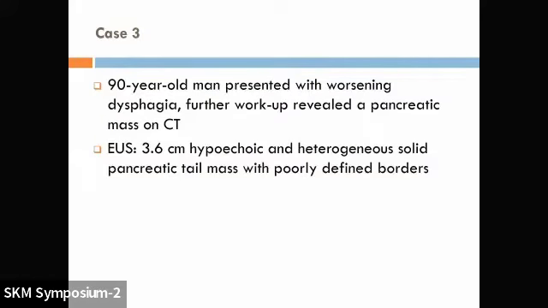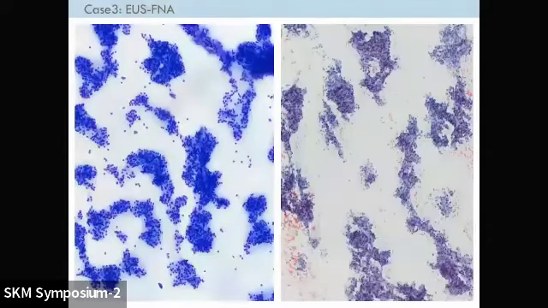So our next case is a 90-year-old man who presented with worsening dysphagia. On further workup, a pancreatic mass was revealed. On EUS, a 3.6 centimeter heterogeneous solid pancreatic tail mass was identified with poorly defined borders, and it was sampled. These are the low power images of the cytology smears.